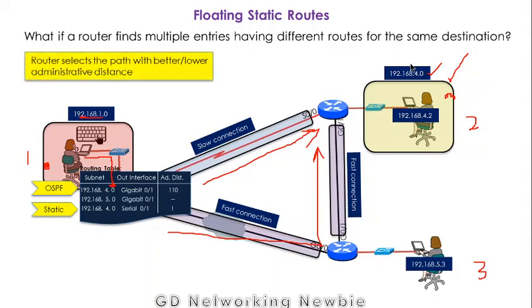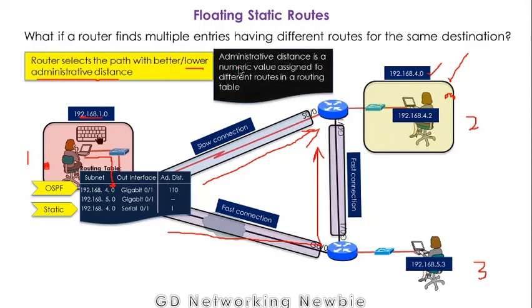The router selects the path with the better administrative distance. What is better administrative distance? It means lower administrative distance. But what is administrative distance? As per definition, administrative distance is a numeric value, 1, 2, 3, 4, 5, assigned to different routes in a routing table.